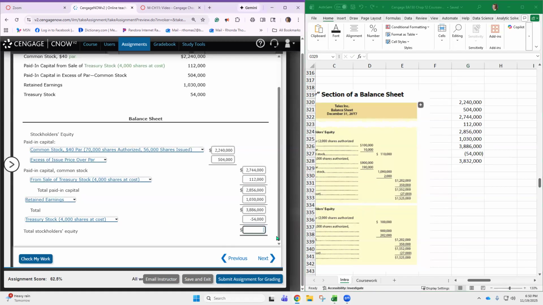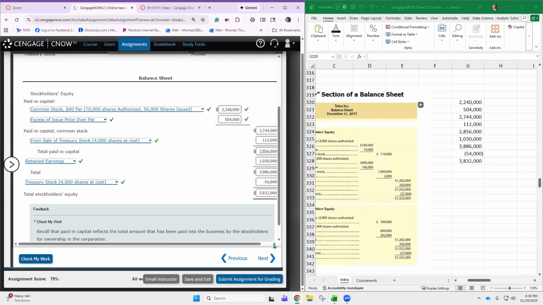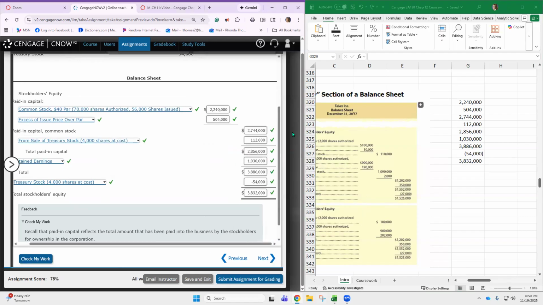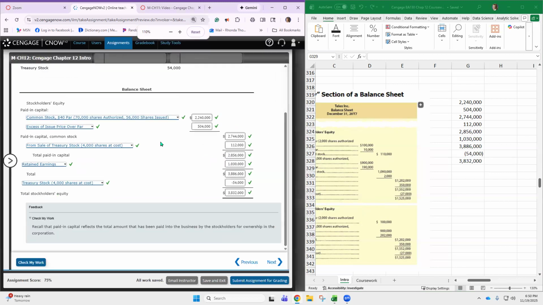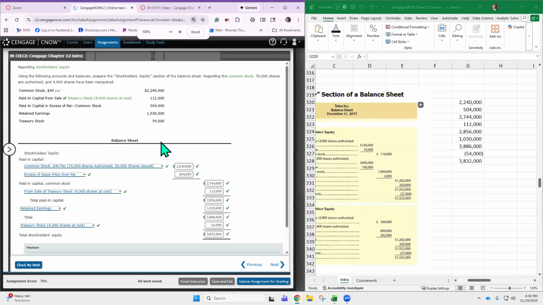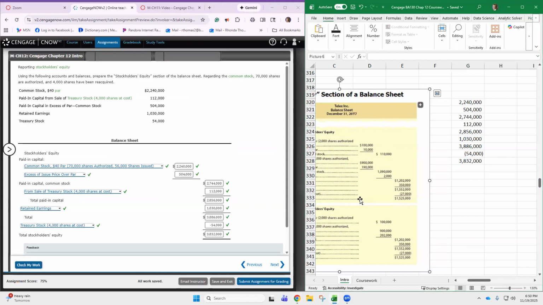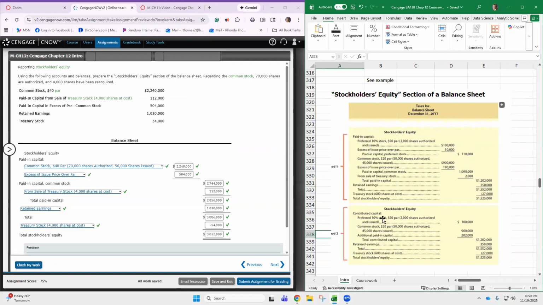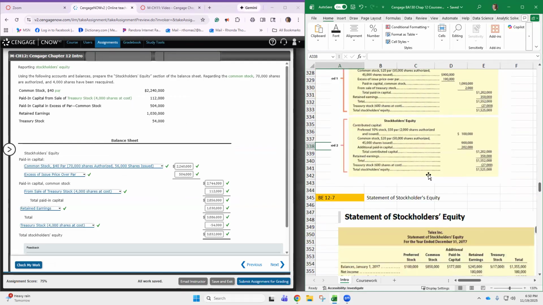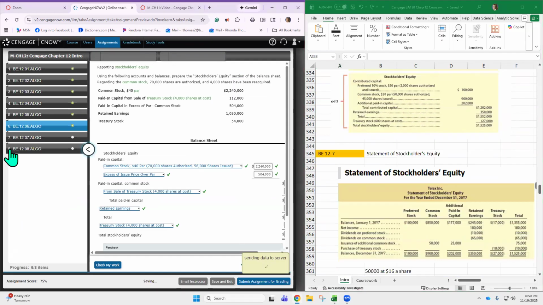So total equity, if I've calculated things right, is 3,832,000. This was kind of a test to see if you could follow an example of how to put something into a stockholders' equity statement. Remember, this is the bottom of the balance sheet.